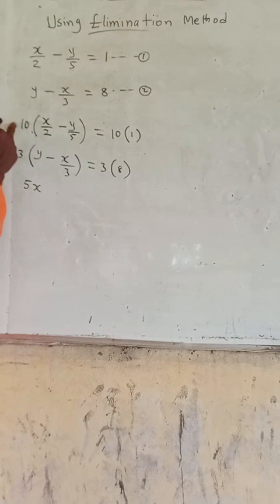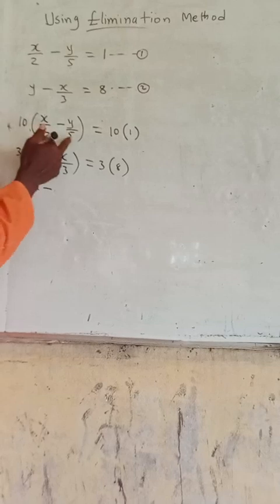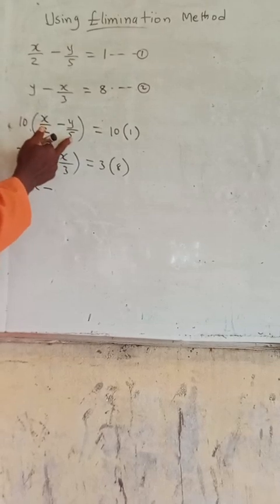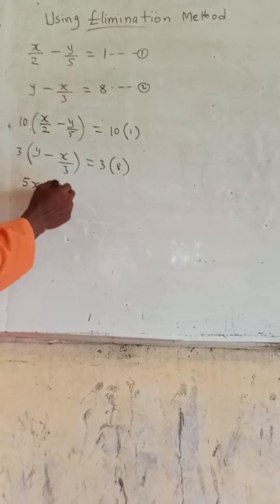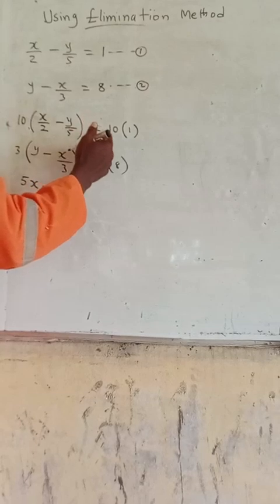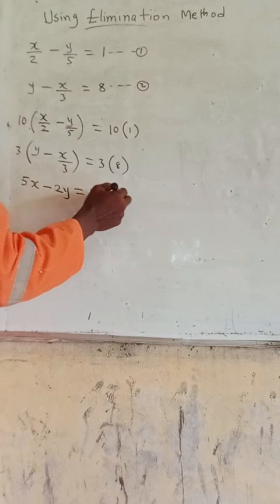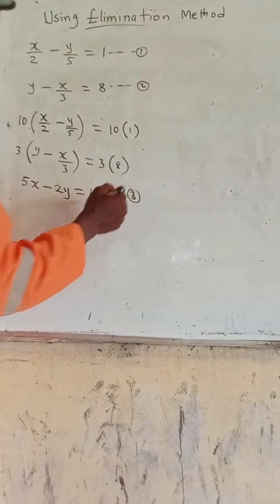Again, plus times minus is minus. Then 10 divided by 5 is 2, and 2 times y is 2y. It is equal to 10 times 1, which is 10. This will be our equation 3.